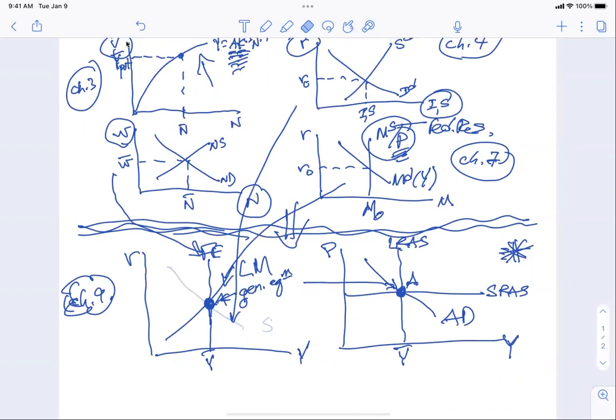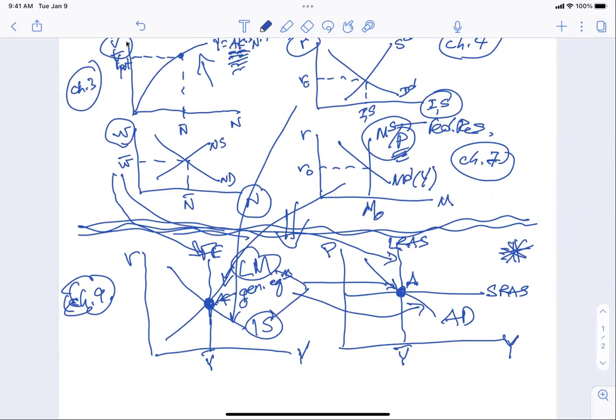The IS and LM together have to do with aggregate demand. The production function and labor market have to do with the long run aggregate supply curve and the FE curve. They're the same thing. Just one has price level on the axis, the other one has the real interest rate on the axis, but both of them are measuring potential GDP.